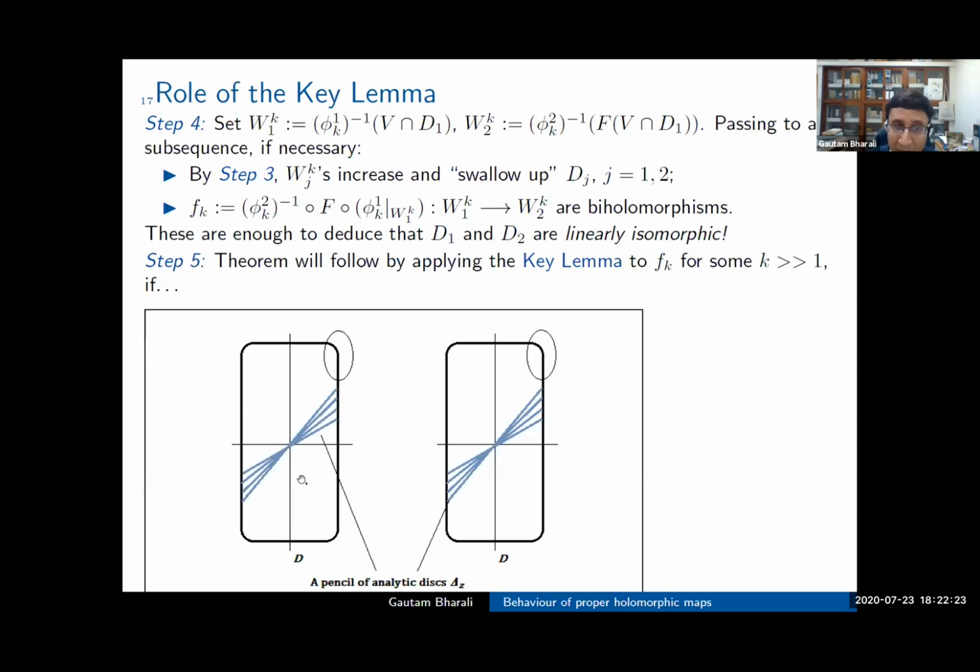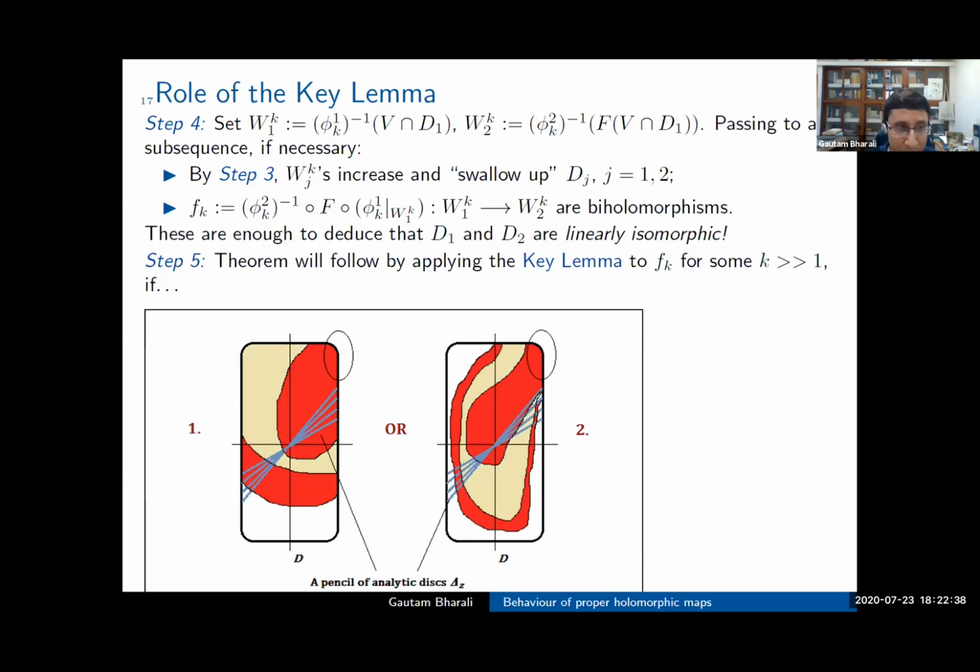Now, what I want is both W1 and W2 to contain this pencil. So now let's look at what's happening. By step 4, I have the sequence of domains that is increasing and gradually swallowing up my domain D. The issue is, I could have either one of these pictures.